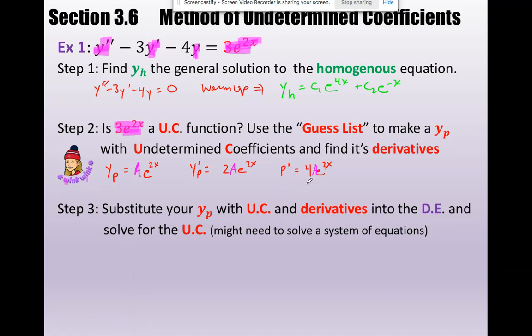So y double prime, whoops, minus 3 times y prime minus 4 times y. What is that supposed to be equal to? Okay, that's one equation.